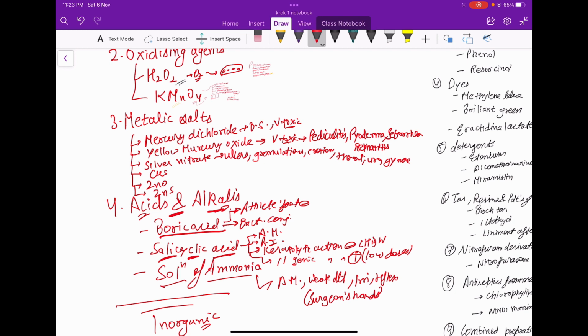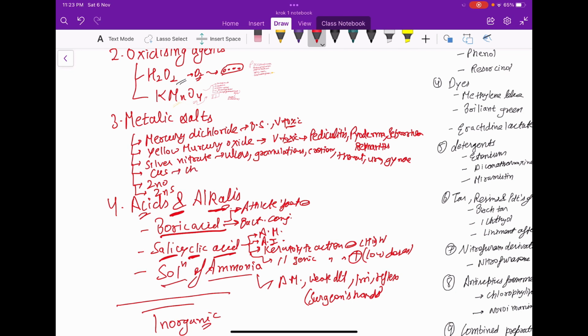Copper sulfate is used in chemical burns caused by white phosphorus. Okay guys, after that, zinc oxide and zinc sulfate. About this point we just need to know that both of them have antimicrobial and astringent properties.